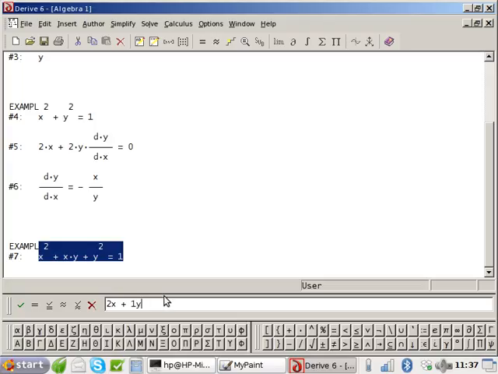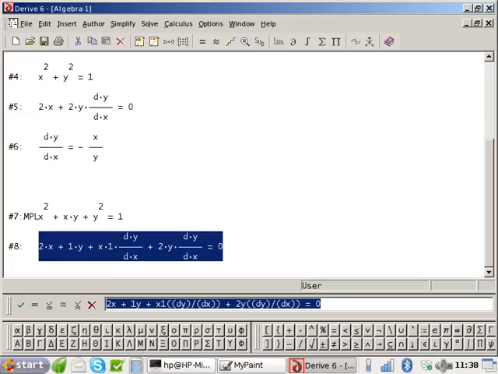So 1y plus, and now we keep x, and what's the derivative of y? 1 dy dx. Plus, what's next? Derivative of y squared? 2y dy dx equals 0.